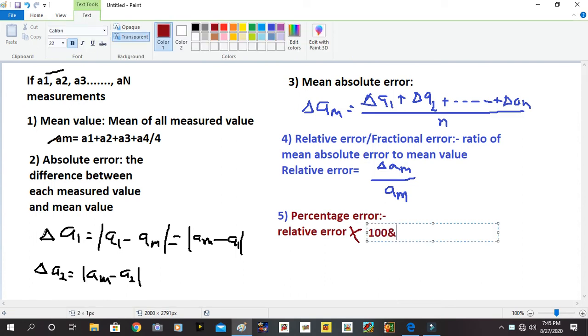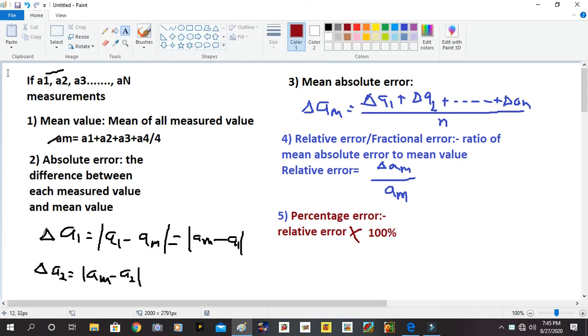Using this method, you can find out what exactly the amount of percentage error is in the calculation.